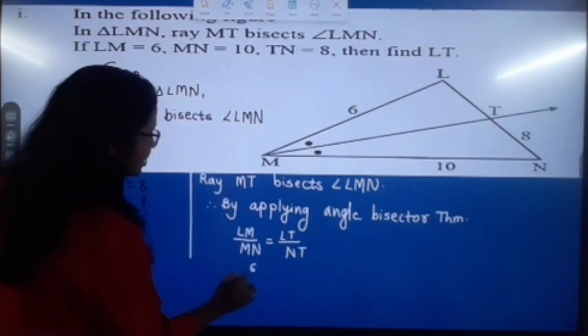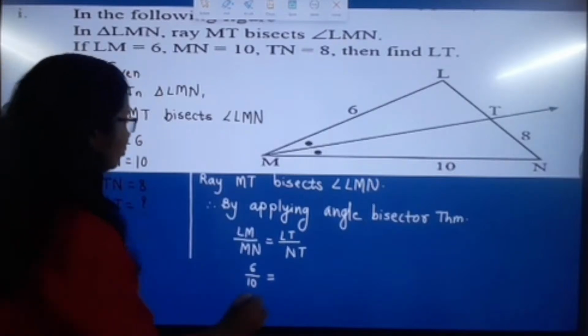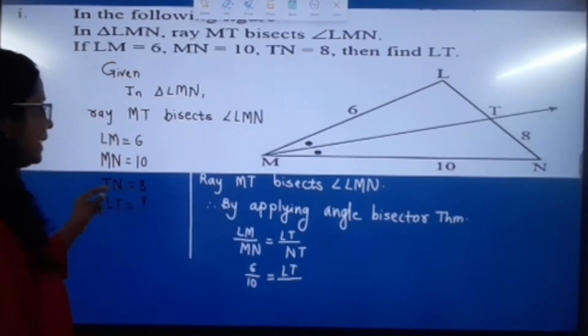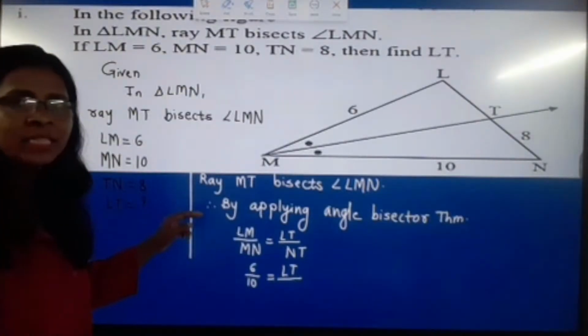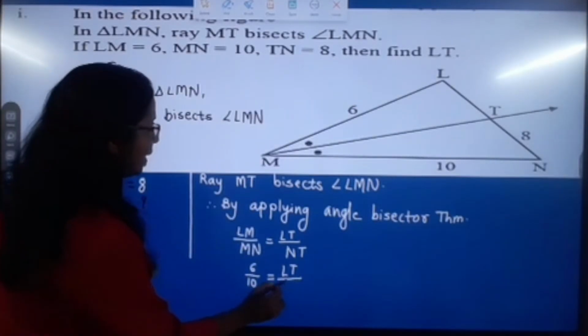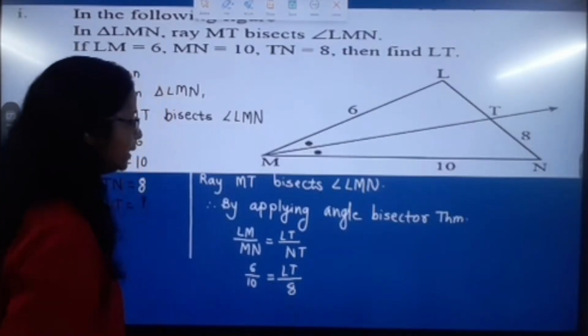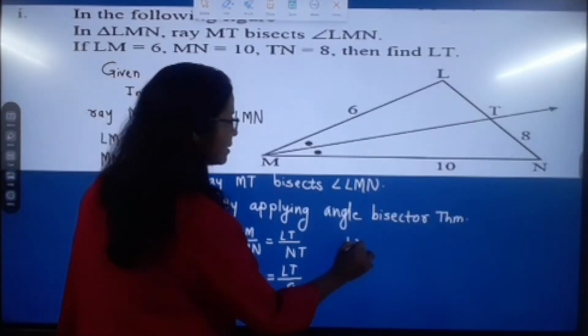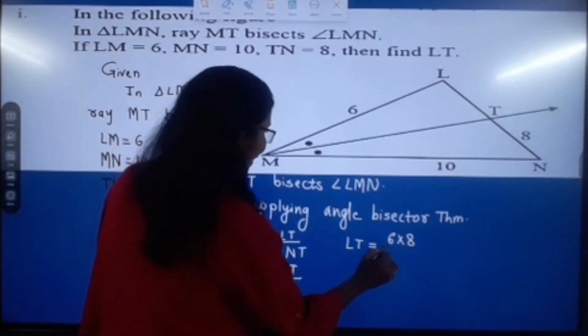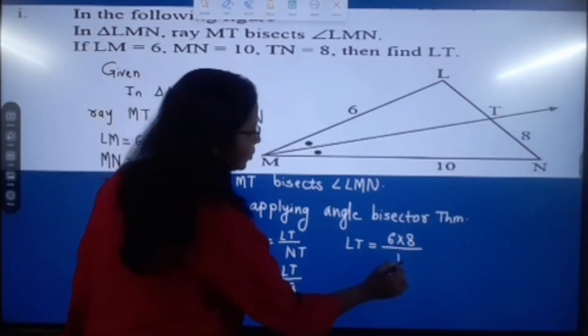So LM is equal to 6, MN is equal to 10, equal to LT, that we have to calculate, and then NT, that NT means TN also. So that means here, students, 8. So I write down NT as 8. Then by cross multiplying, students, LT is equal to 6 multiply 8 divided by 10.